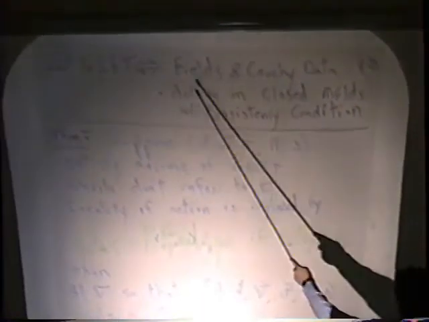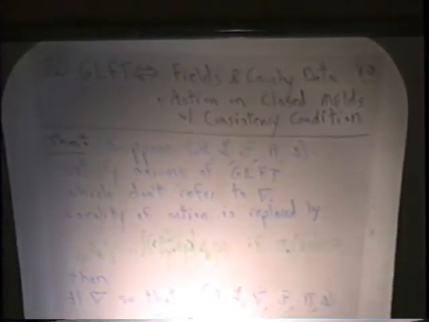And the answer is yes, as long as we have a certain consistency condition on the classical invariant for closed manifolds. So the generalized Lagrangian field theory is equivalent to specification of the fields in the Cauchy data plus an action on closed manifolds which satisfies certain consistency conditions. So we can break the theorem up into two parts. Suppose we're given all the data of the generalized Lagrangian field theory except for stuff to do with the connection.